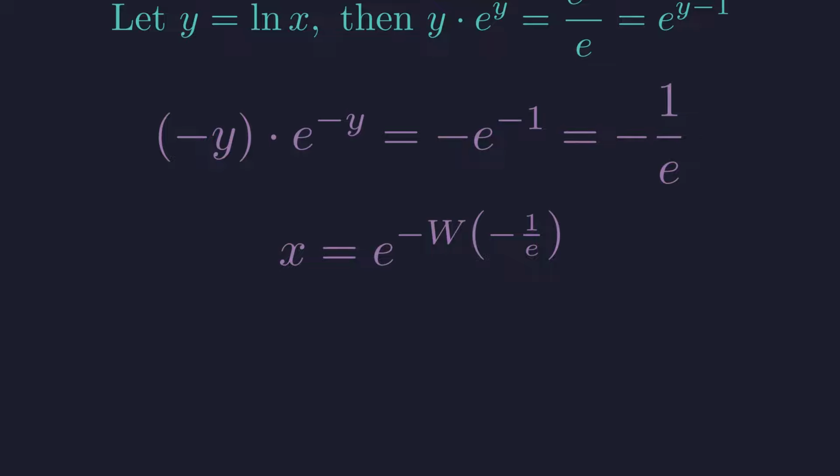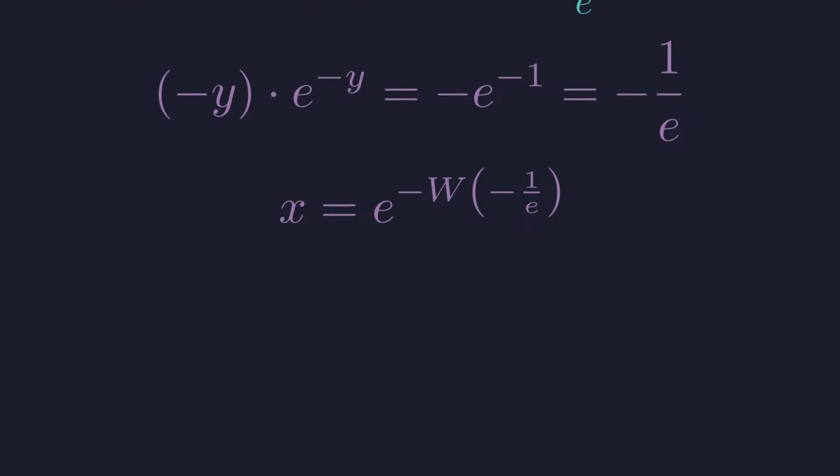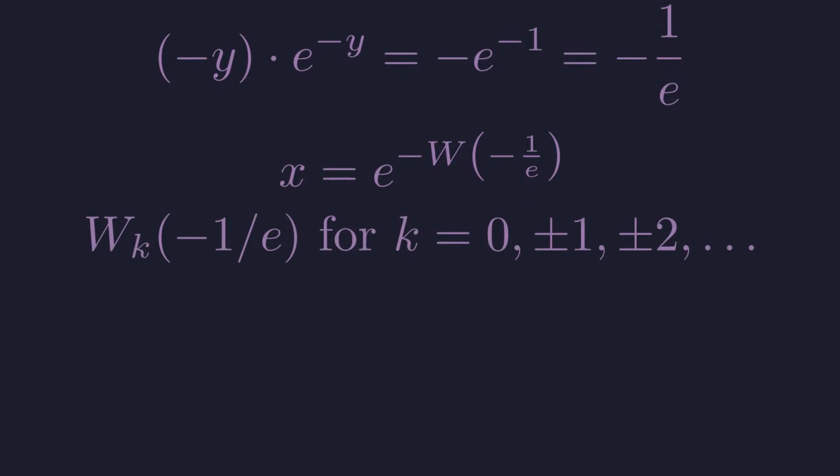Therefore, negative y equals W of -1 over e, which means y equals negative W of -1 over e. Since x equals e to the y, we get our beautiful solution: x equals e to the negative W of -1 over e.